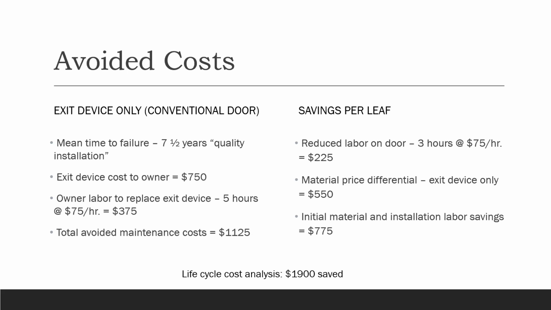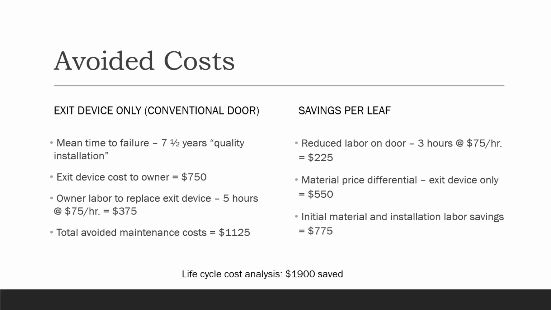For example, here we're looking at ANSI grade 1 panic devices, but we changed mean time to failure to be when 20% are not working and 80% are still working. Why did we do that? Because who wants to buy a product that's going to fail 50% of the time once it reaches its expected lifetime? So we changed that a little bit.